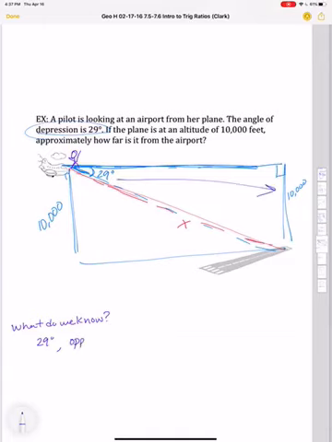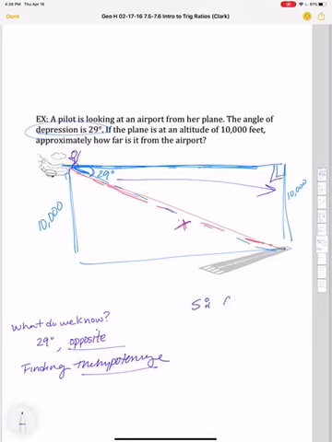So we know the opposite. And what are we trying to find? If this is a right triangle, the distance here, x, is the hypotenuse. So which trig function do we use? The one that has the opposite and the hypotenuse in it.